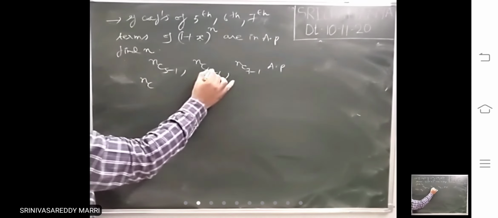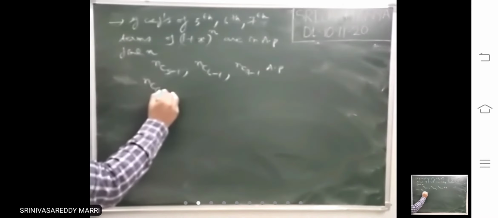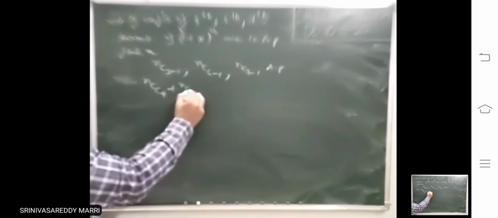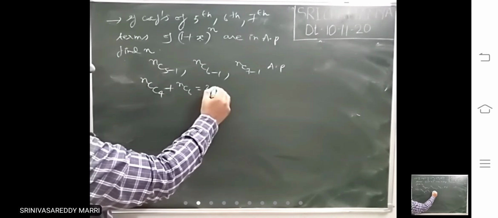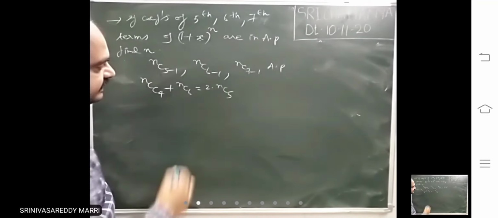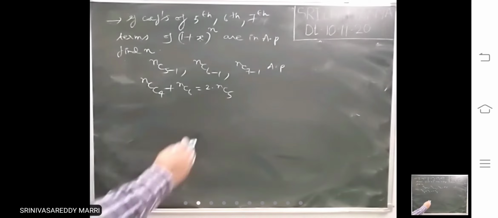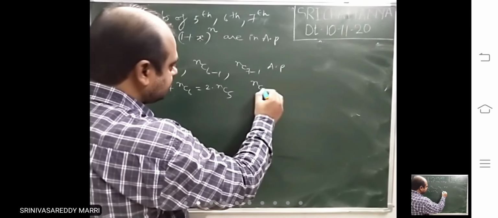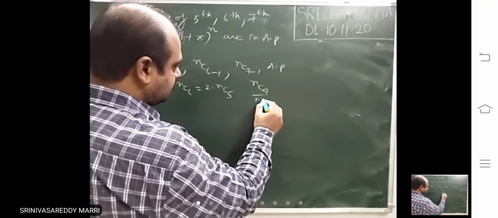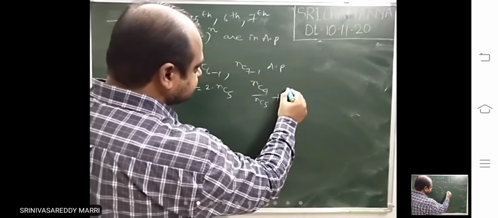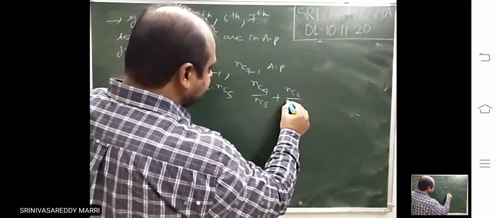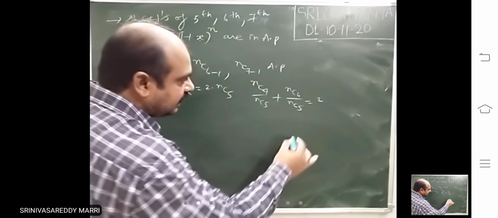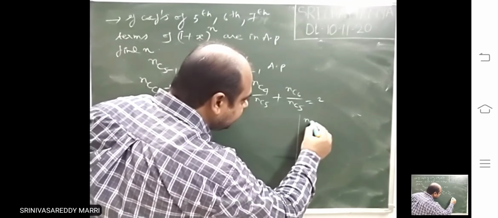That means these a, b, c are in AP. That means nC4 plus nC6 equals 2 into nC5. This is the AP rule. Now how to simplify: bring this side nC5, so (nC4 plus nC6) divided by nC5 equals 2. I told two formulas. You have to make use of them here.